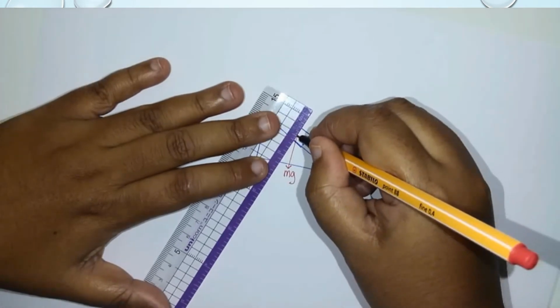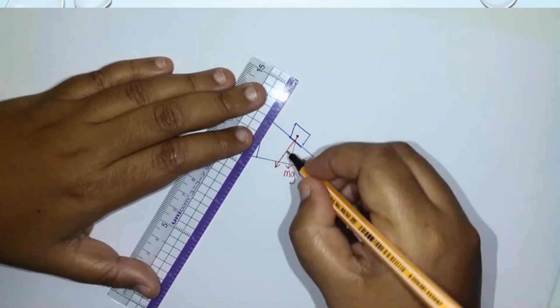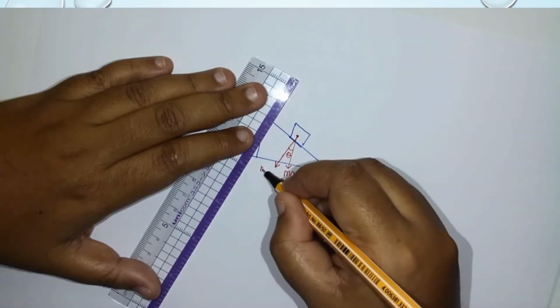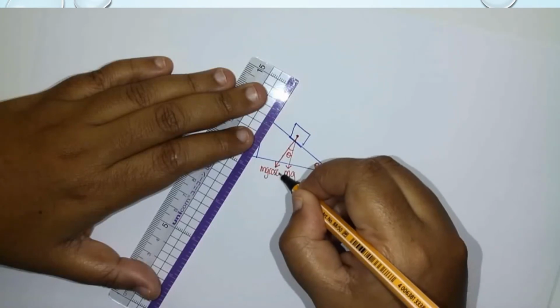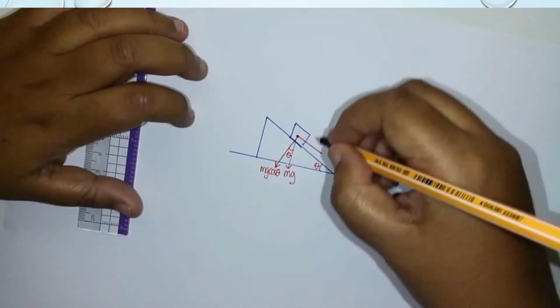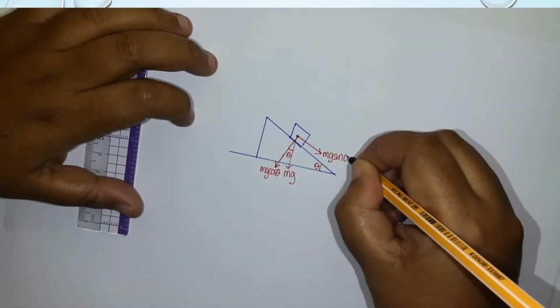Then we resolve it: this is theta, so this one is mg cos theta and this one is mg sin theta.